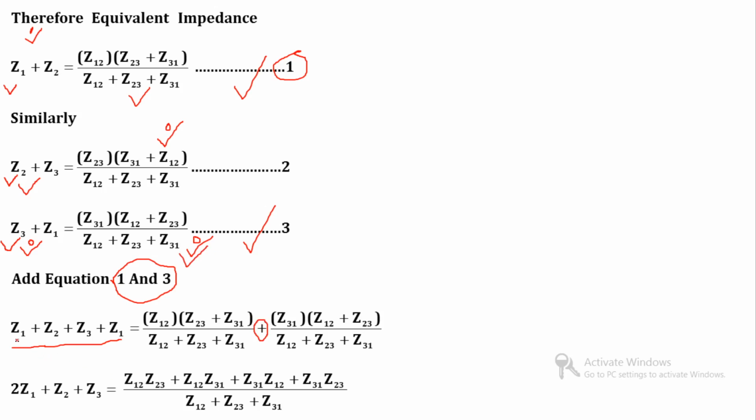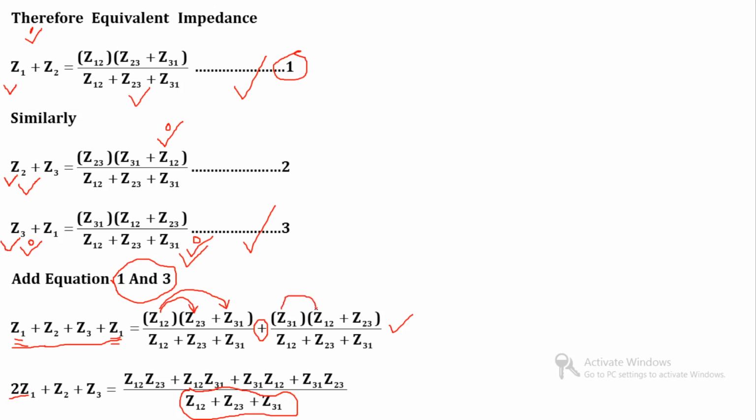So simplification will be Z1 plus Z1 becomes 2Z1, and Z2 plus Z3 will remain as it is. Again, on the right hand side, the denominator in both the terms will be equal. So I can write Z12 plus Z23 plus Z31 as it is, and I will multiply the term Z12 with Z23 and Z31.